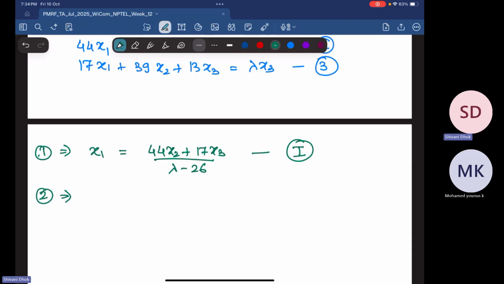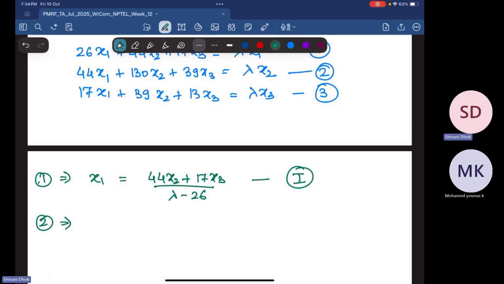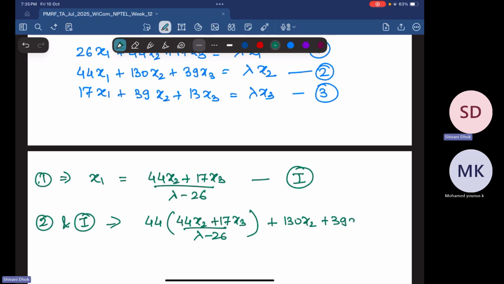From equation 2, I'll write x2 in terms of x1 and x3, but first I'll substitute x1 in equation 2. So 2 and 1 both imply 44 into 44x2 plus 17x3 divided by lambda minus 26, plus 130x2 plus 39x3, equal to lambda times x2.